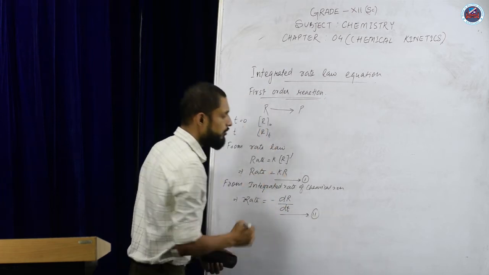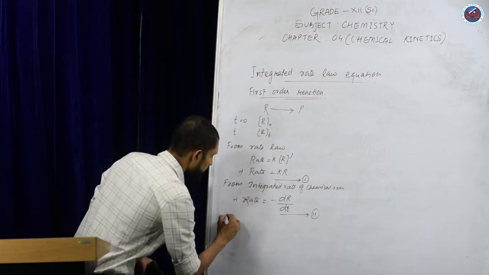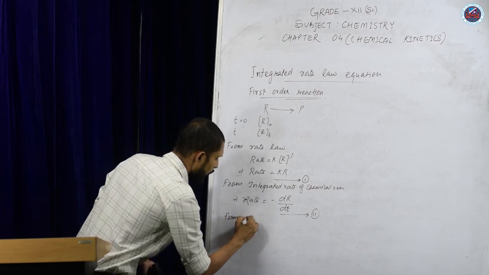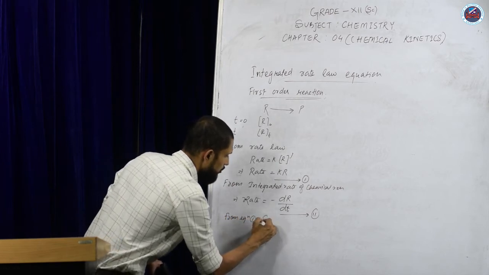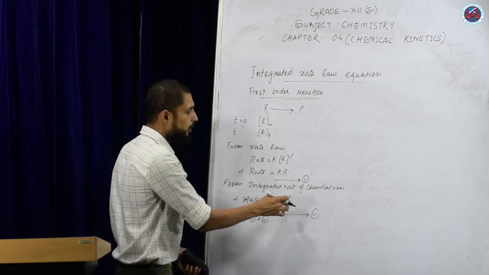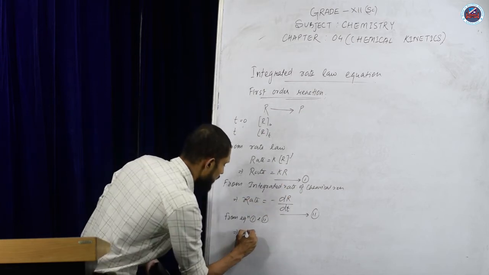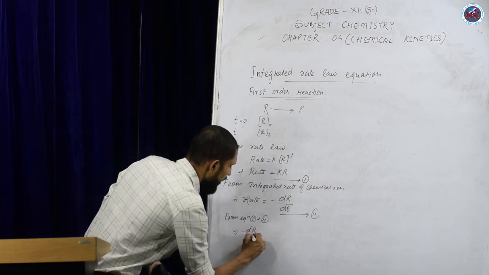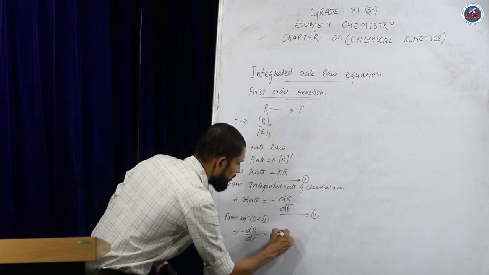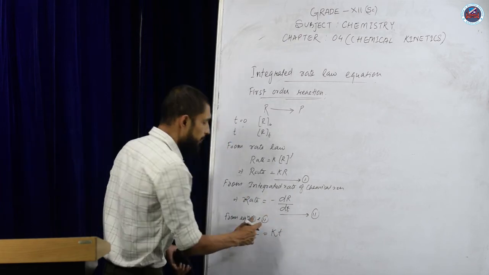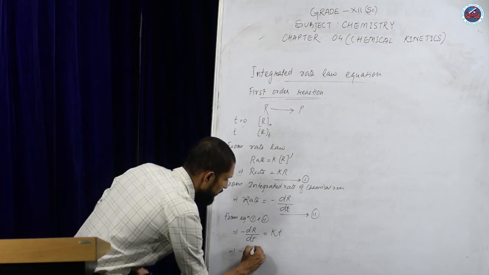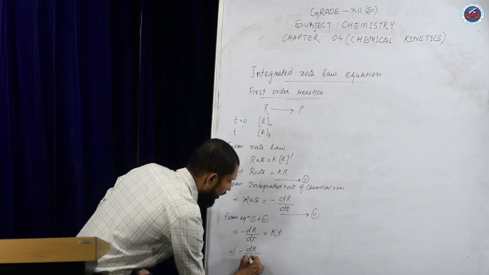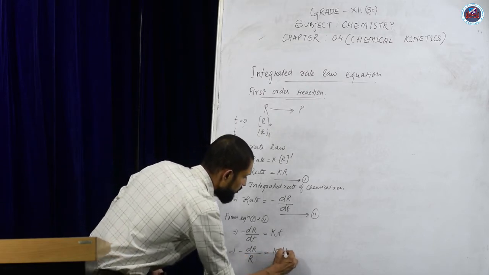This is equation 2. From equation 1 and 2, the left hand side is the same, so we'll equate the right hand side. We get minus dR by dt equal to K R. In the next step, we'll separate the variables. So we'll write minus dR by R is equal to K dt.